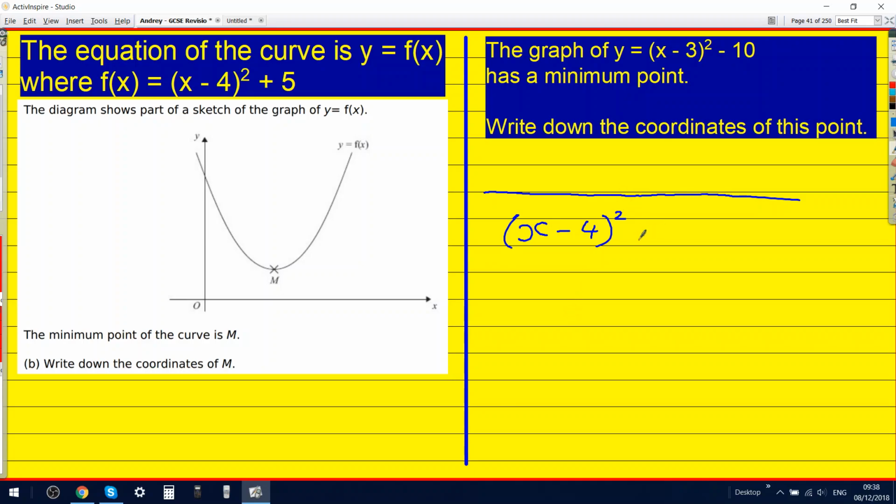So what would you sub in, like 0? If you sub in 0, you get 0 minus 4 times 0 minus 4. What is 0 minus 4? Minus 4. And what is minus 4 squared? 16. Okay, can you sub in something else to get an answer that's smaller than 16?